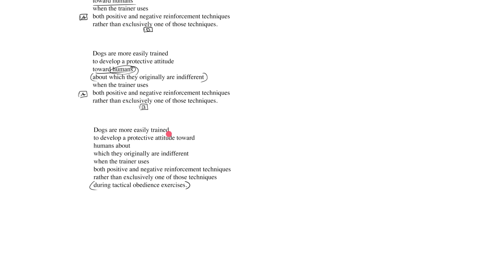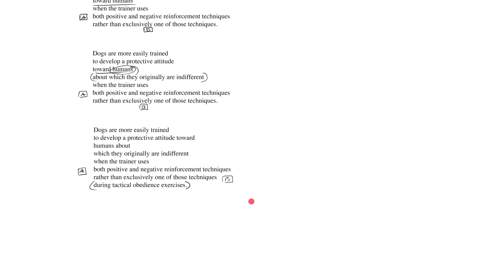Dogs are more easily trained to develop a protective attitude toward humans about which they originally are indifferent when the trainer uses both positive and negative reinforcement techniques rather than exclusively one of those techniques during tactical obedience exercises. So this last bit of information tells you when the trainers are using technique A versus technique B: during tactical obedience exercises. Last bit of detail revealed by this clause.